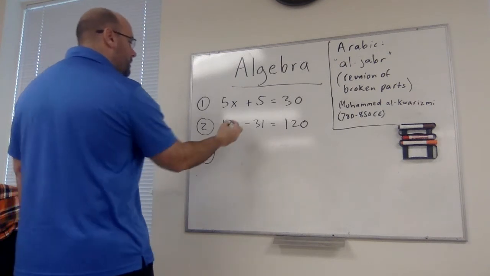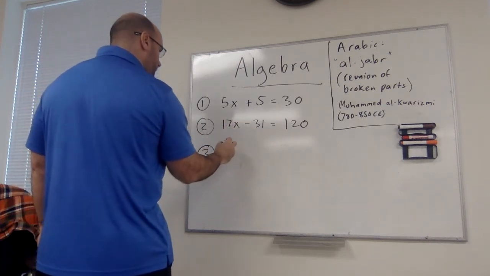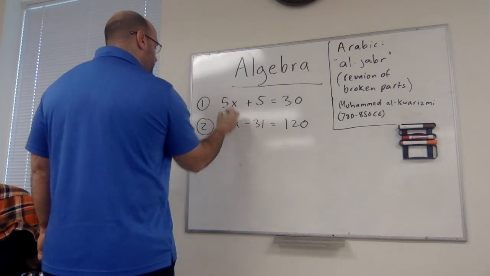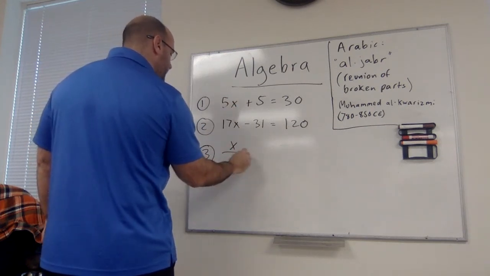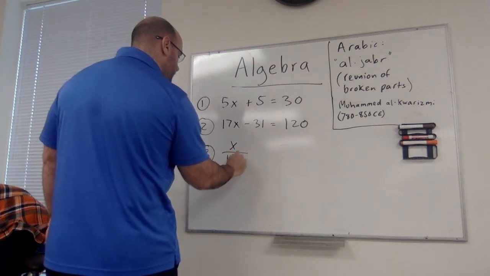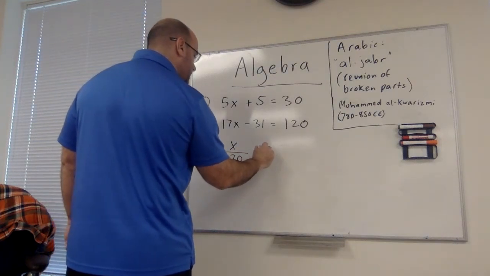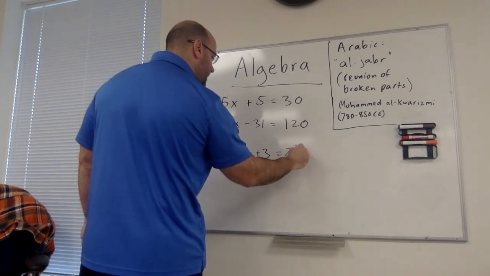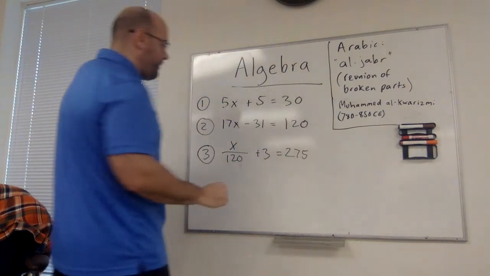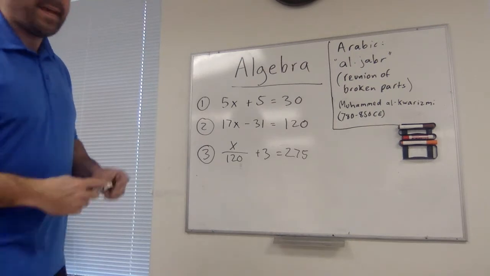Third one is going to be, let's stick with the same theme here. Actually, no. X divided by 120 plus 3 equals 275. I have no idea how that's going to work out.